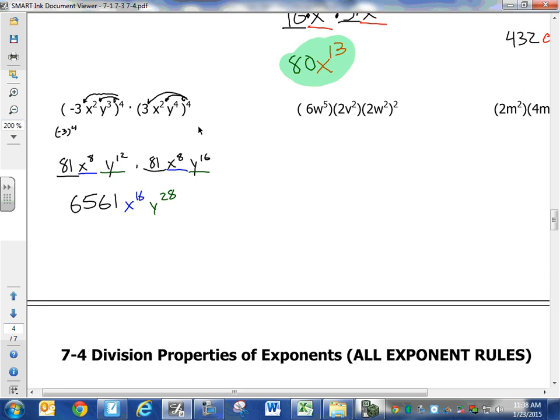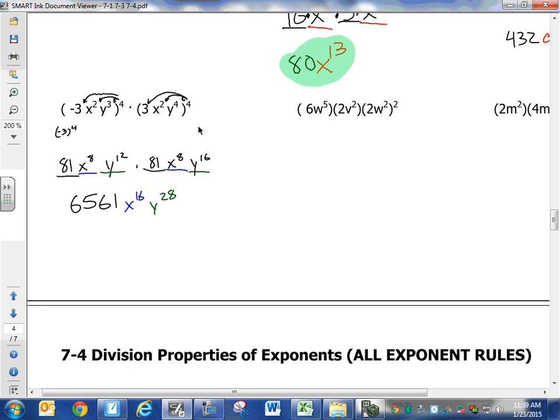We just have one 6y to the 5th. I don't know why you wrote it down twice. Where? Right here. This is just 6y to the 5th. That's it. This is 2v squared. The last one is 2 of these 2w squareds being multiplied together. Ah, I see it.